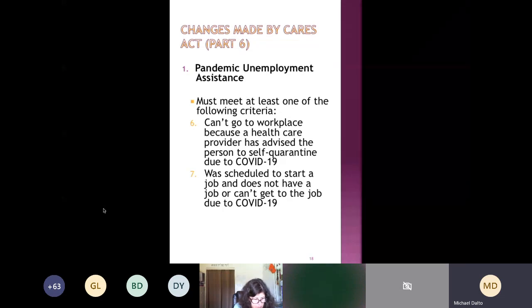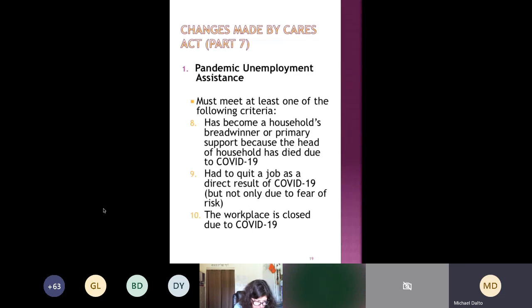So if you just quit and you didn't have the backing of a healthcare provider, then you're going to have to make a case for reason number 9.